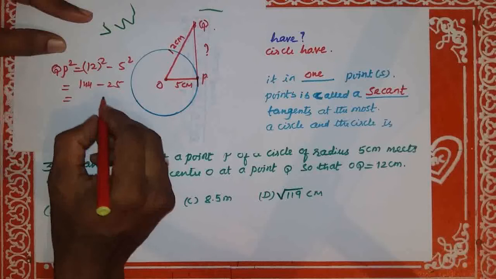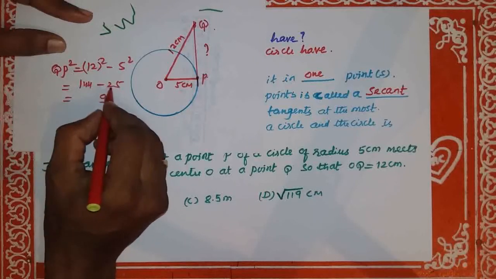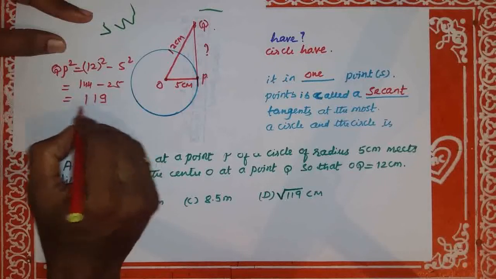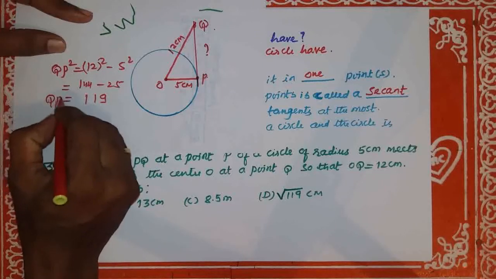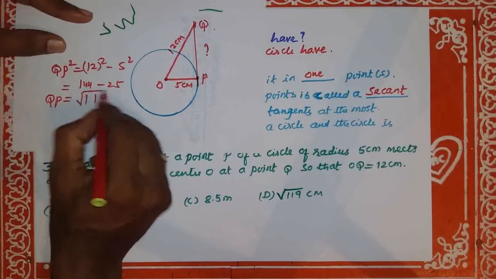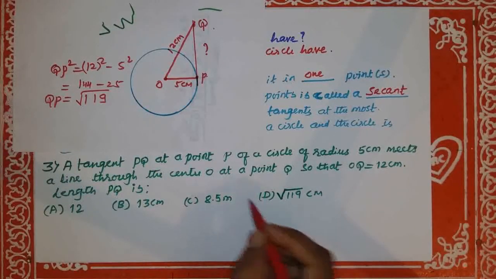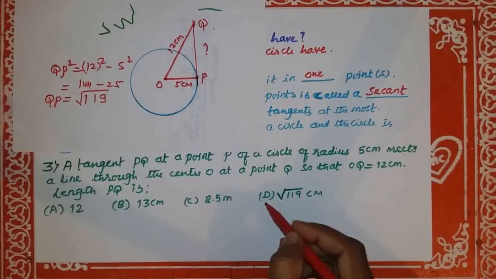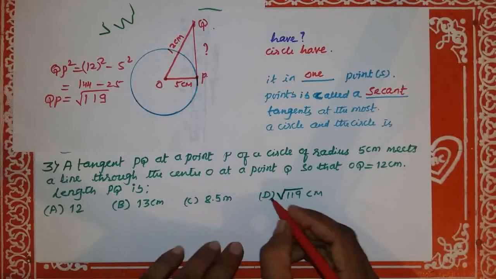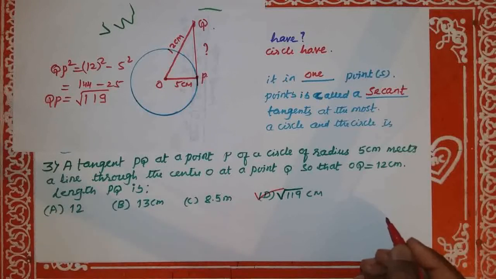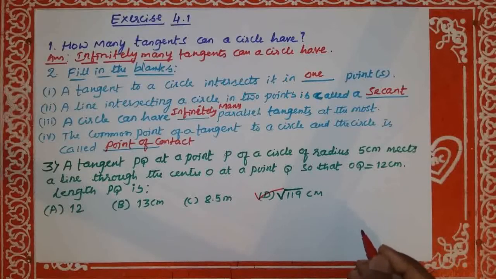We will get 119. This QP square is there, we will take the square root, so you can see the answer. Okay, hence option D is the right answer. Okay, do you understand?